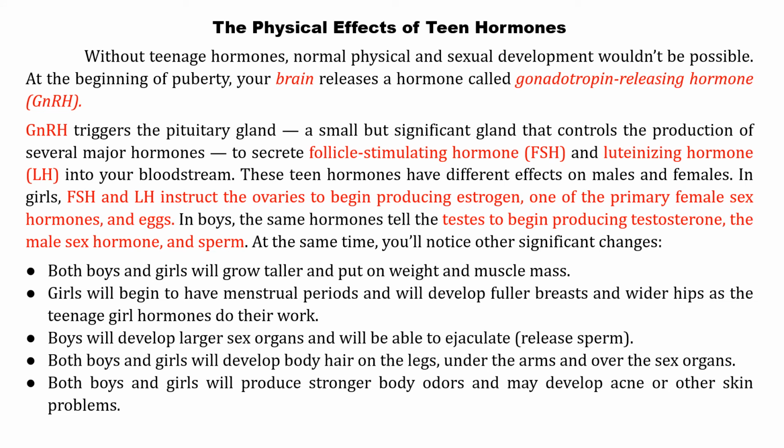Both boys and girls develop hair on the legs, underarms, and over the sex organs. They also produce stronger odors and may develop acne and other skin problems. So these are all effects of these hormones.